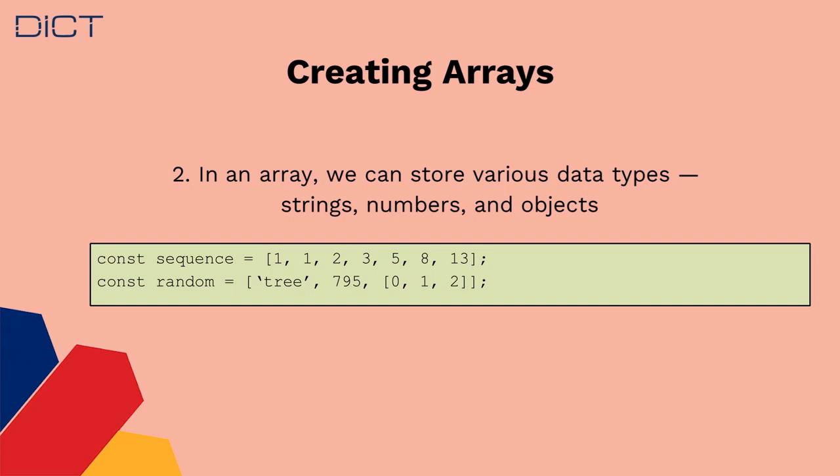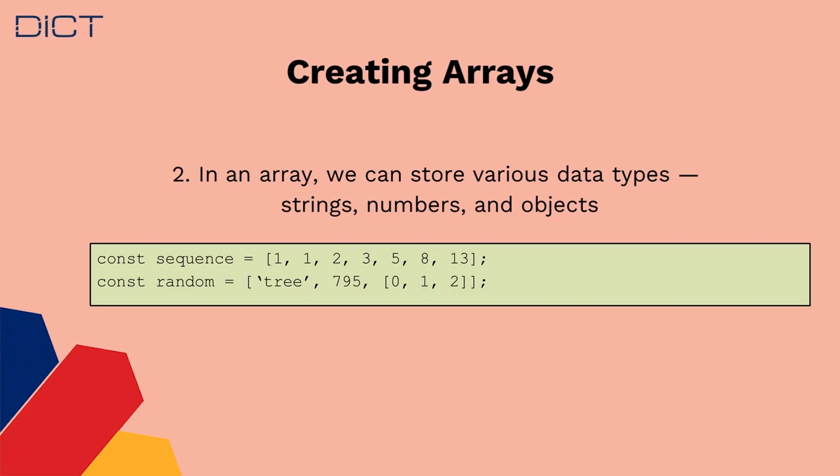We do not have to limit ourselves to storing only numbers in one array or only strings in another. For example, we have const sequence array, initialized to the values 1, 1, 2, 3, 5, 8, and 13.